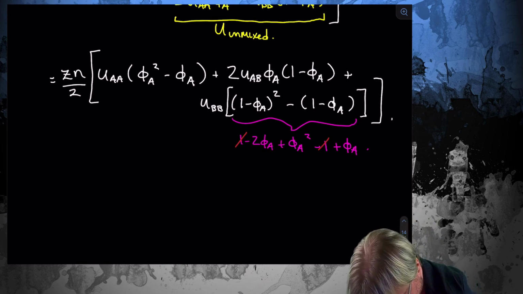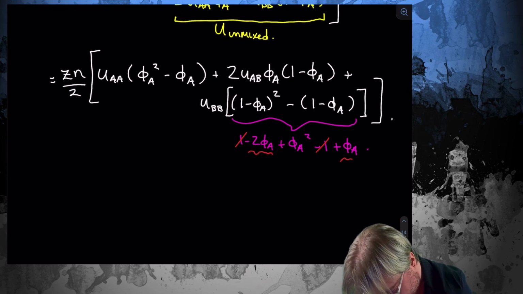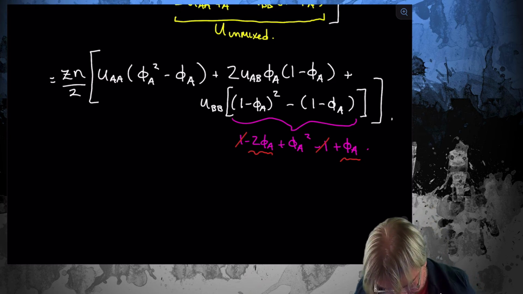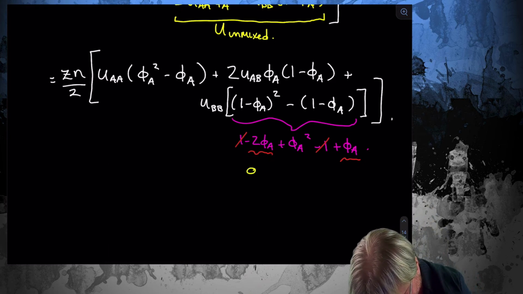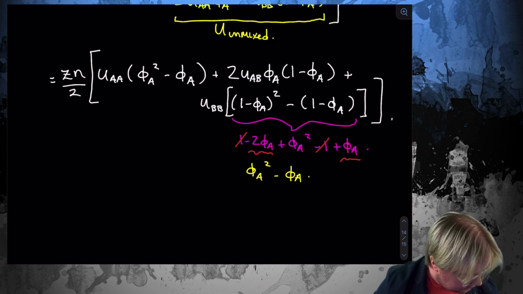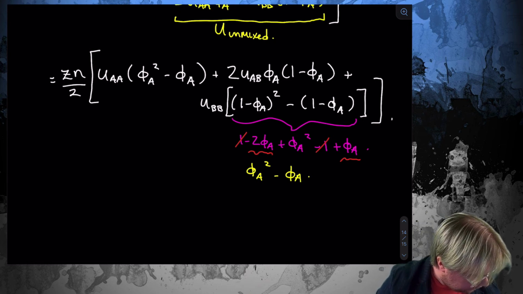That term will cancel with that one. This term will combine with that term, and what you're going to get for this whole thing is phi A squared minus phi A, I think. Yeah.